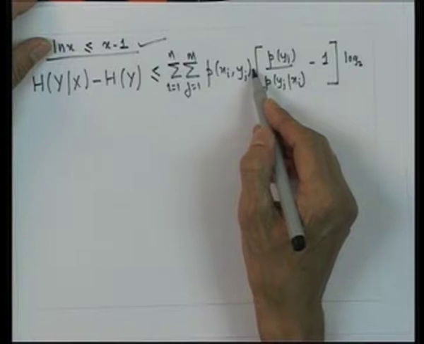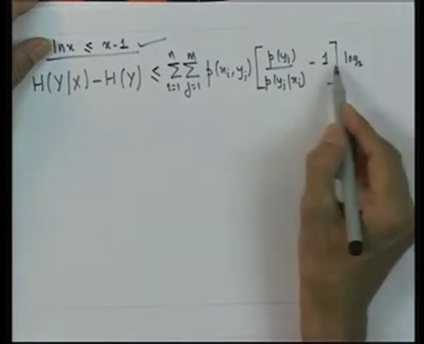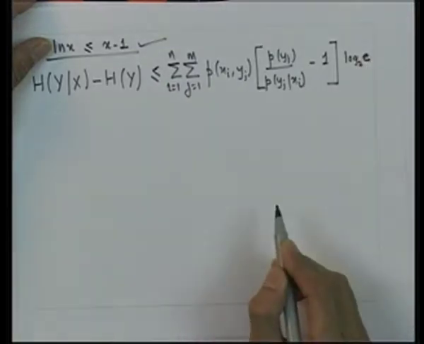Therefore, when we convert from log to the base 2 to the log to the base e, we get this factor out here.